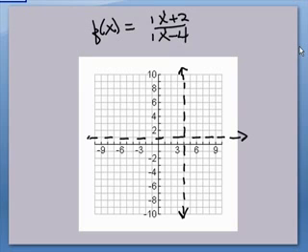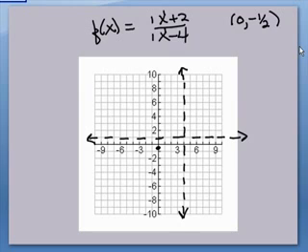Okay. And then the y-intercept, so if we plug in 0 for x, we're going to get 0 plus 2 over 0 minus 4. So 2 over negative 4 is negative 1/2. So 0, negative 1/2. Okay, how about an x-intercept?